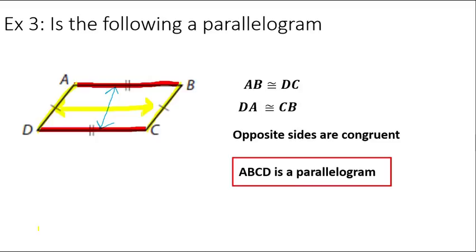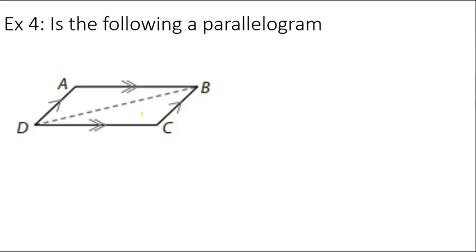Okay, let's look at example 4. Here they're asking us, is the following shape a parallelogram? If you look at AB and DC, they both have these arrow marks. Those arrow marks mean parallel. So we say that AB is parallel to DC.